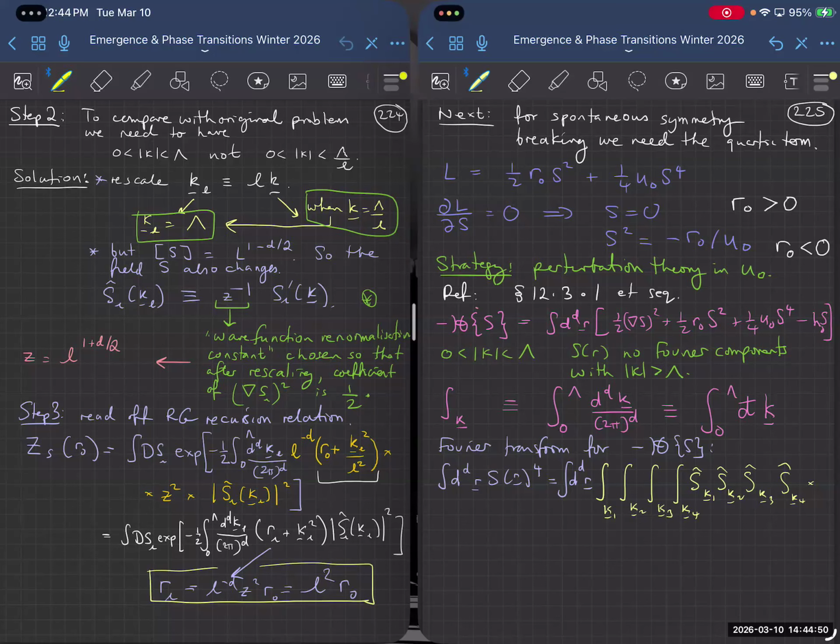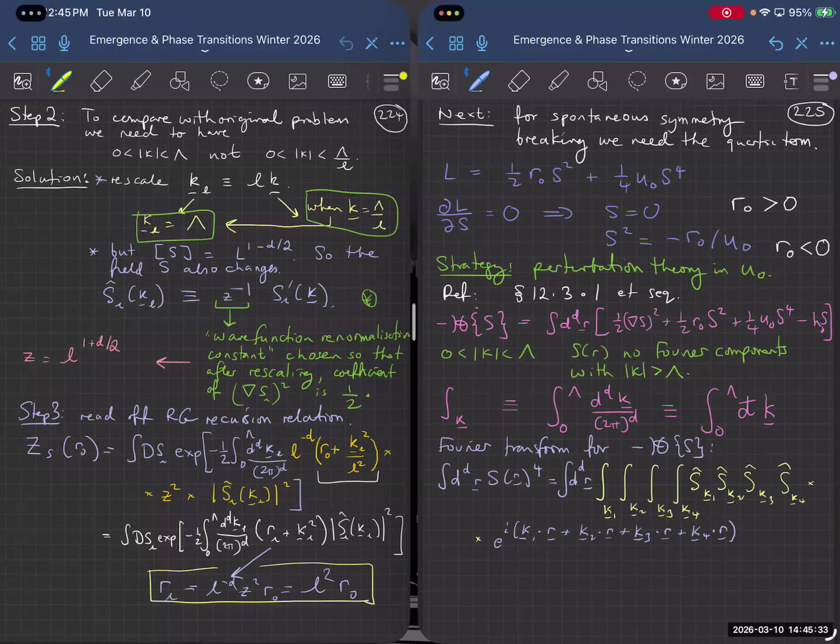Then I'm going to get all my factors of e to the i k dot r. So that's going to look like this, in a different color, because there's a reason I want to do this: e to the i, k1 dot r plus k2 dot r plus k3 dotted with r plus k4 dotted with r.